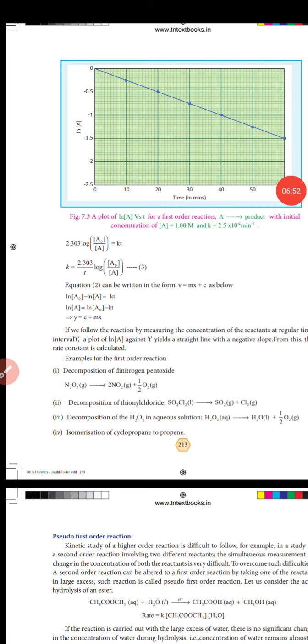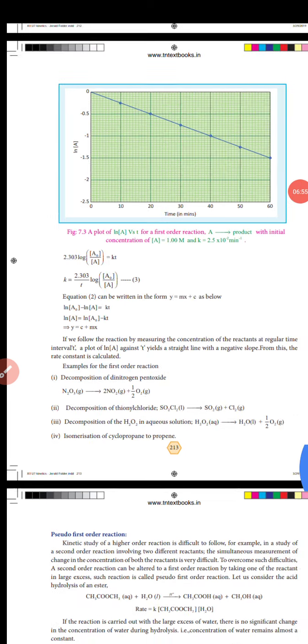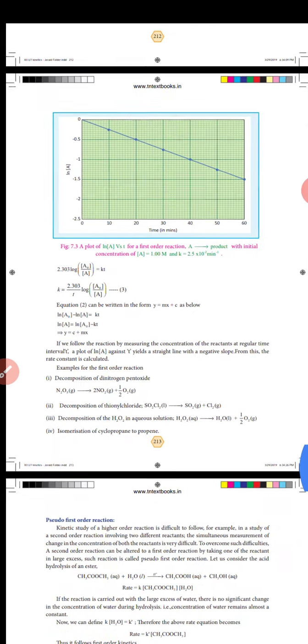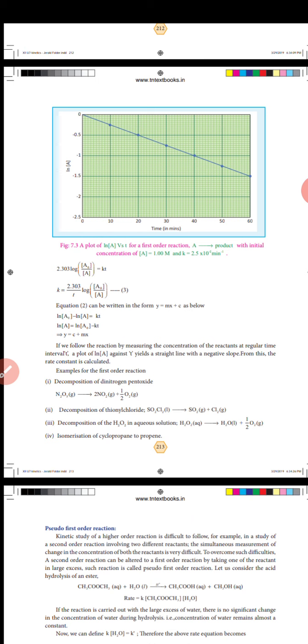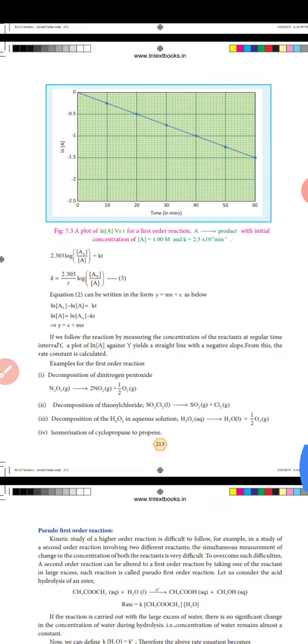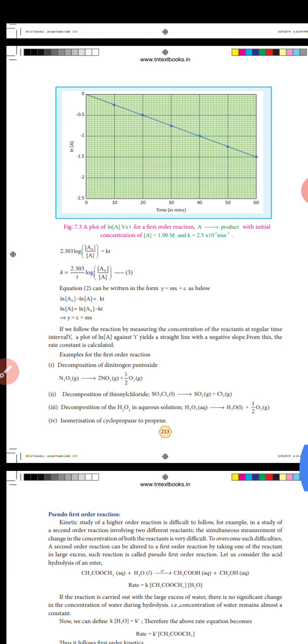So if we follow the reaction by measuring the concentrations of the reactant at regular time intervals, a plot of ln of A against t yields a straight line with a negative slope.